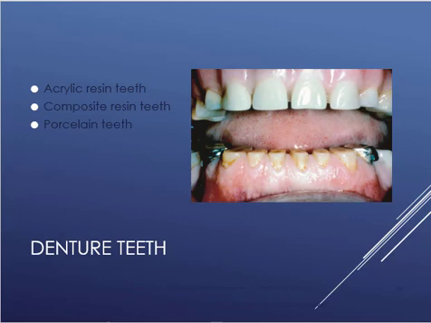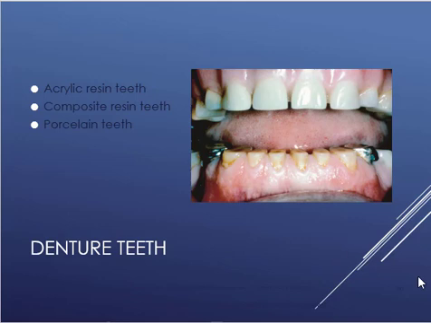The reason why is acrylic teeth are very tough and they chemically bond to the acrylic base of the denture. The composite resin, however, has a more natural appearance and translucency, so a lot of patients will like that. And the porcelain teeth are brittle, hard, and highly resistant to wear.